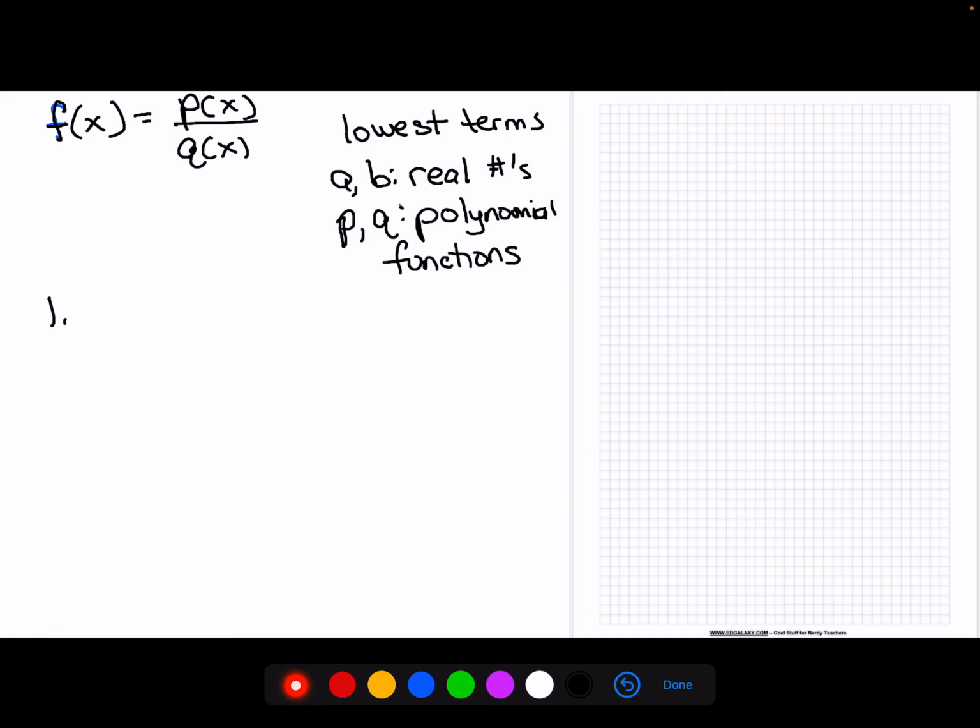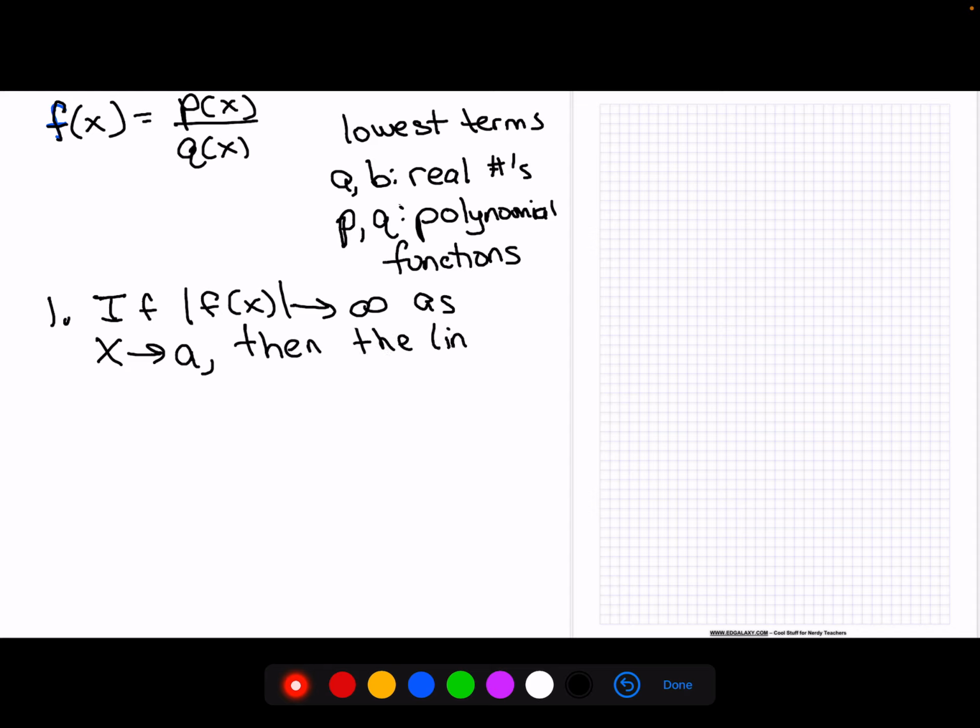There's two formal ways of writing about your vertical and horizontal asymptotes. If the absolute value of f of x goes to infinity as x goes to a, then the line x equals a is a vertical asymptote.